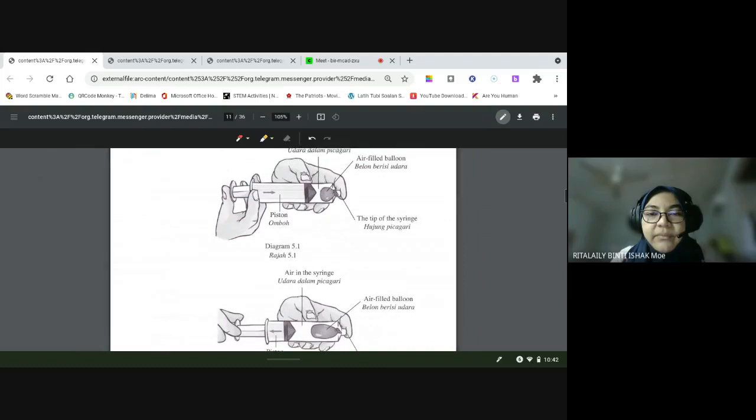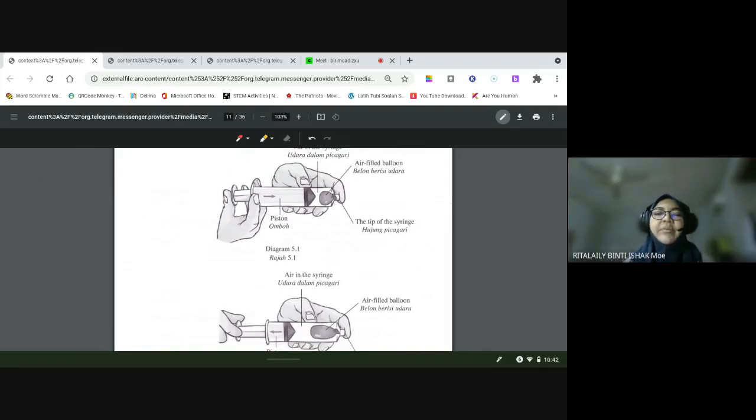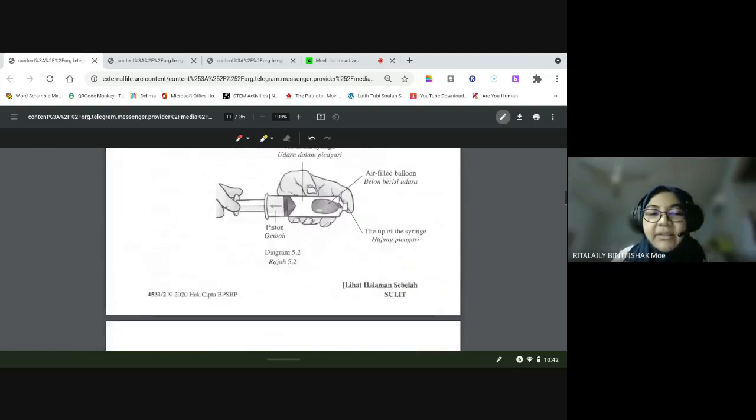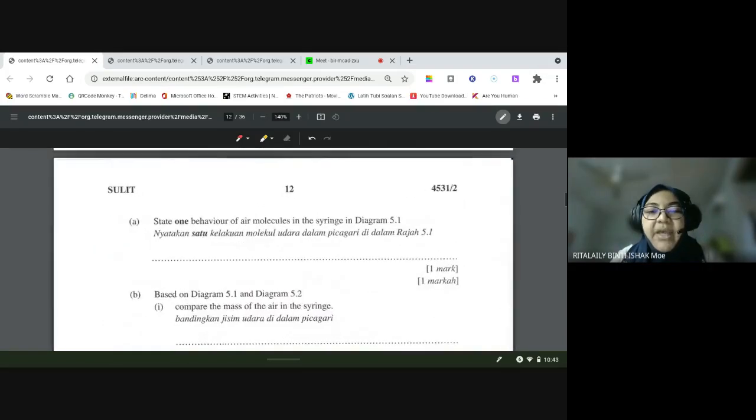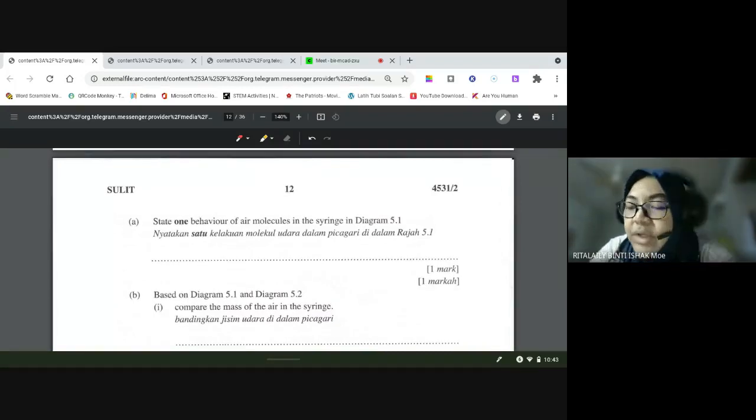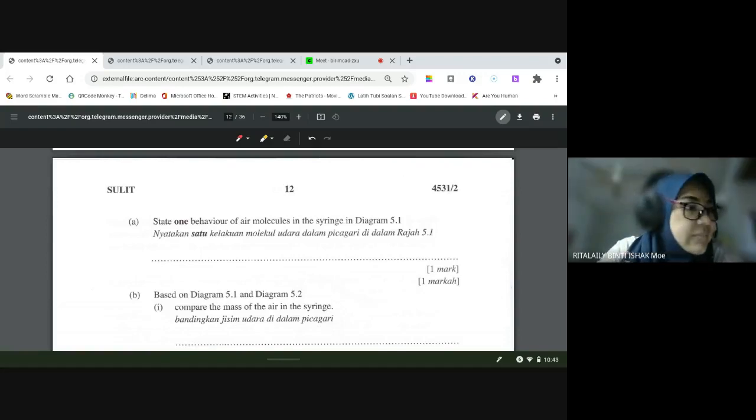Okay. So, perhatikan soalan yang pertama. State 1 behavior of air molecule. So, ini kita dah belajar masa menengah rendah pun. So, apa behavior air molecule? Apa behavior air molecule?